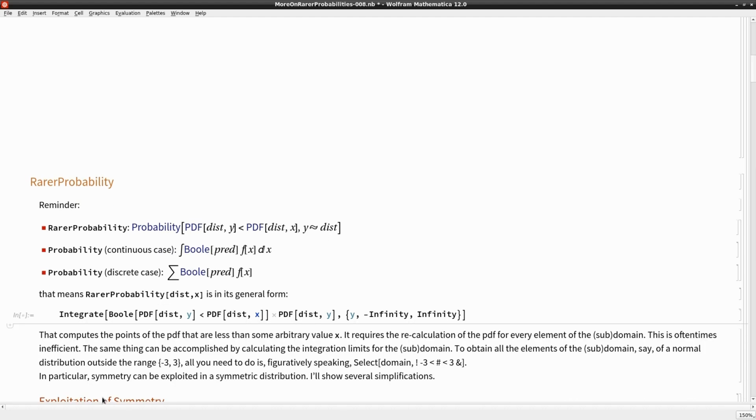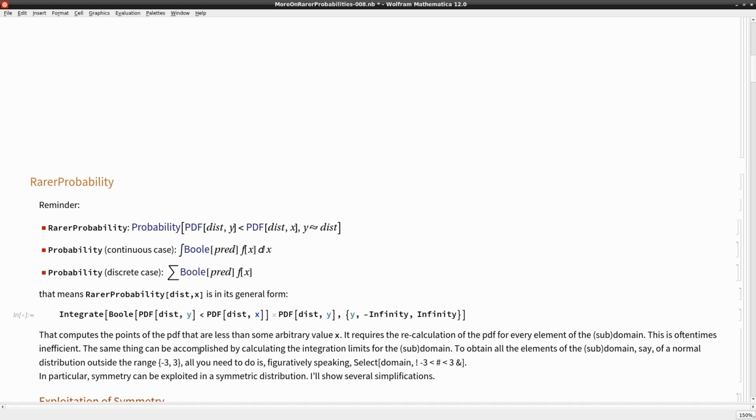Okay, but that can sometimes be a little bit inefficient. This computes the points of the PDF that are less than some arbitrary value x. And it requires the recalculation of the PDF for every element in this subdomain. And this is oftentimes inefficient.